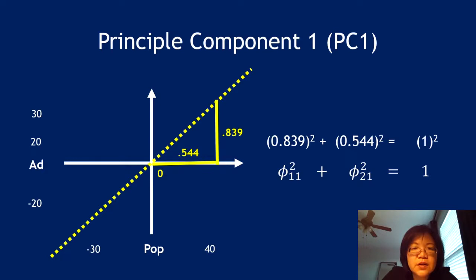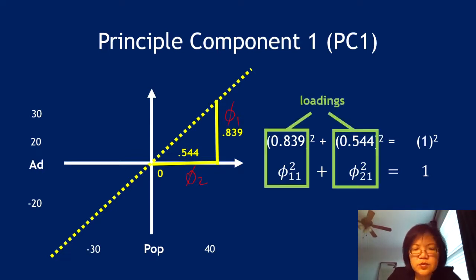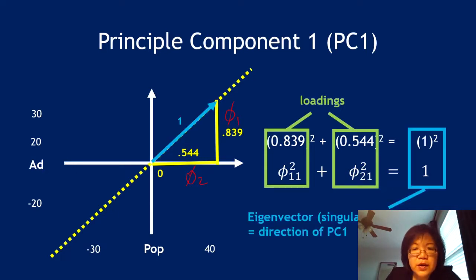So once you have the loadings, this is your principal component 1, then this length becomes your phi 2 here, and this is the phi 1, and they will add up to the loadings. The squares of the loadings will add up to 1, and that is basically our eigenvector, or singular vector for PC1. It shows us the direction of PC1.